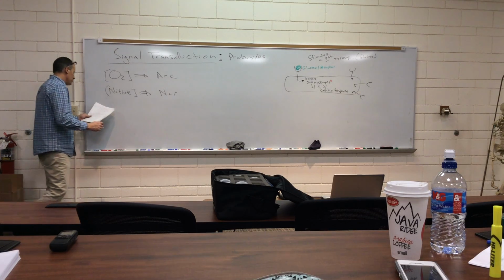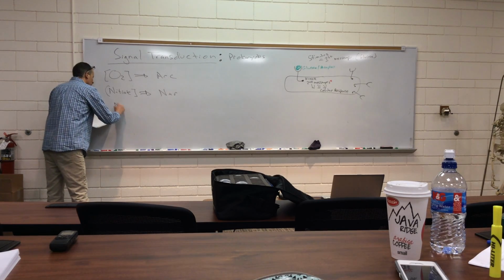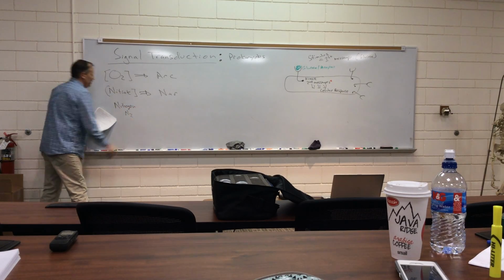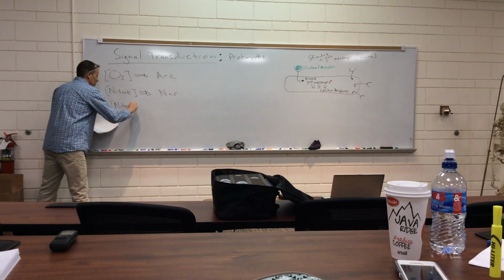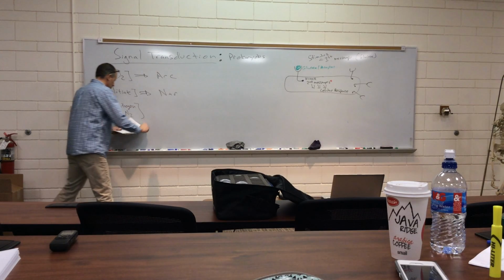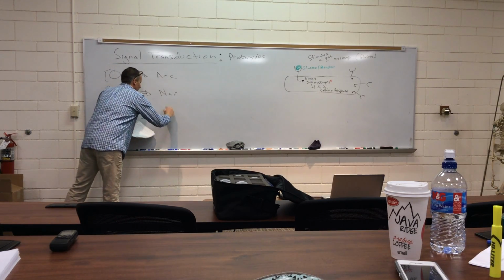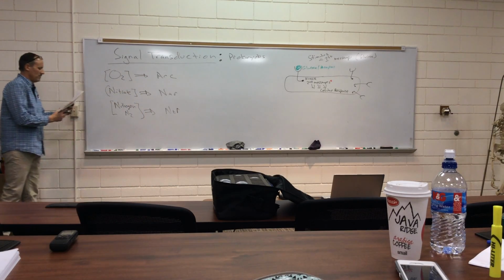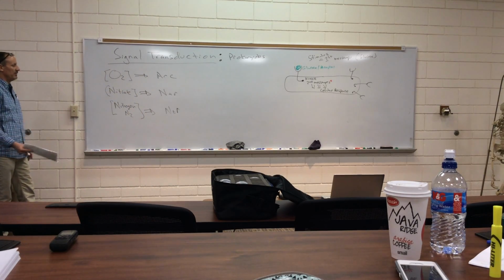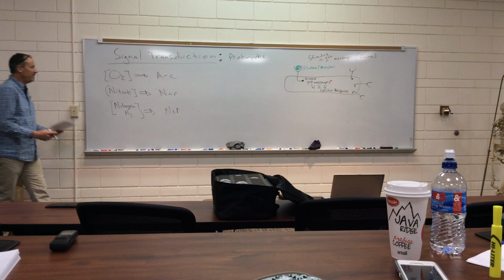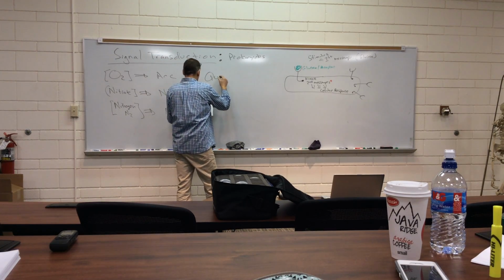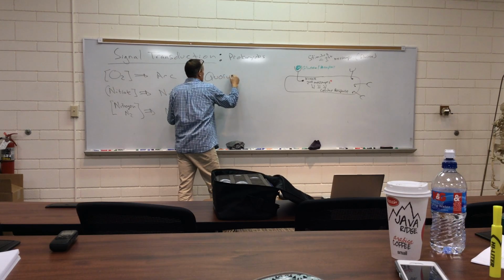Same thing if we're dealing specifically with nitrogen itself, usually as an N2 compound. And so we're dealing with nitrogen concentration. That's the NTR system. So on and so forth. We have all these different systems. My favorite one is basically the quorum sensing system.